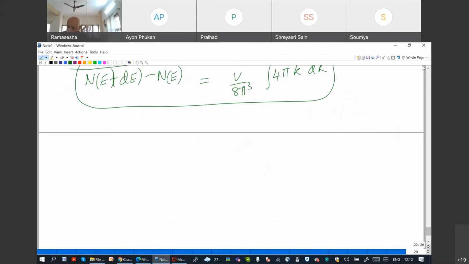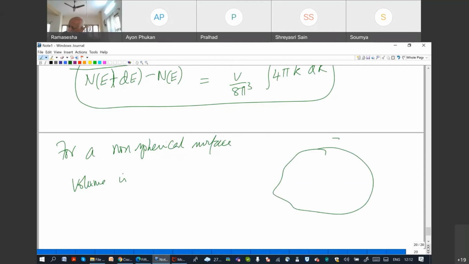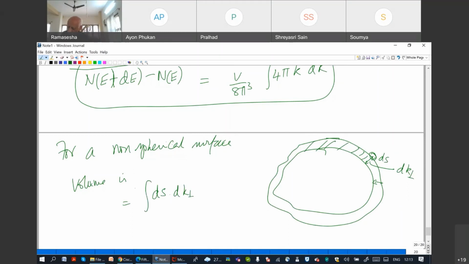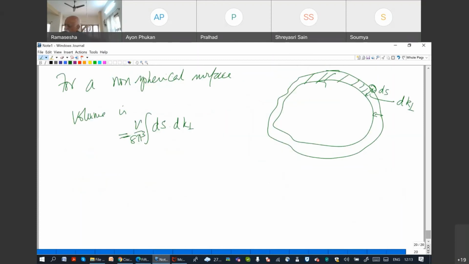Okay, for a non-spherical surface, if you have some level surfaces which are non-spherical, then the volume is given by the surface area dS times the perpendicular distance dk perpendicular, times V by 8 pi cubed. And how do you get dk perpendicular?